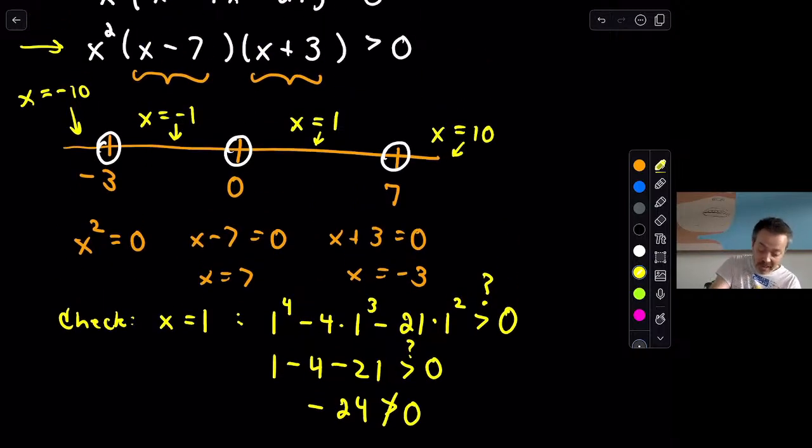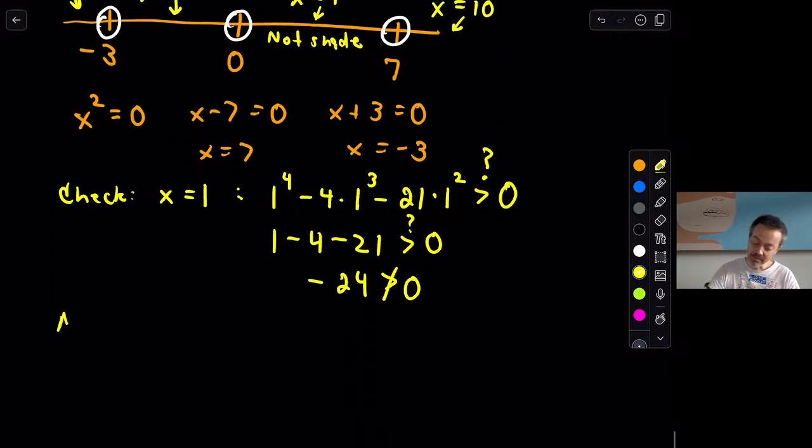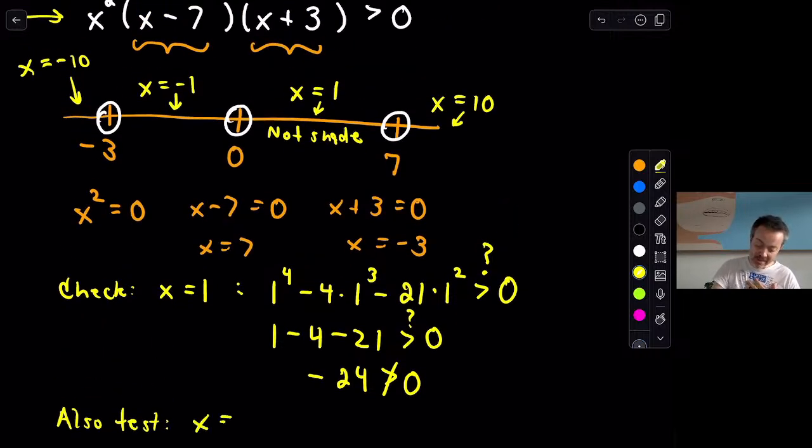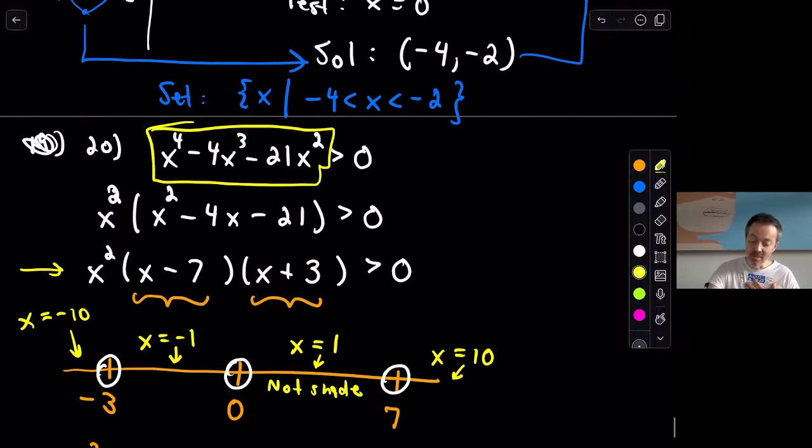So you basically would not shade, right? So you wouldn't shade that interval from 0 to 7. So I know 0 and 7 is not going to be in my solution set. And then I would also have to test the other points I used. I would also have to test x equals -10. I would, again, plug it back into my inequality.